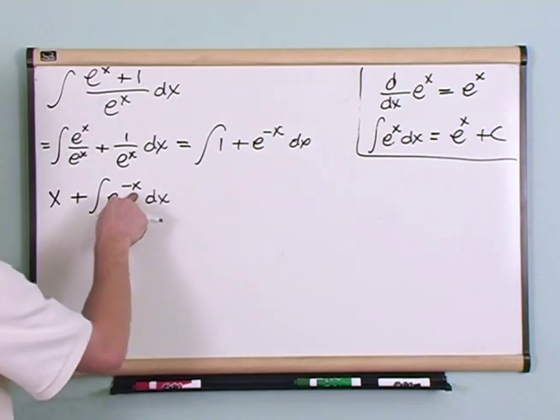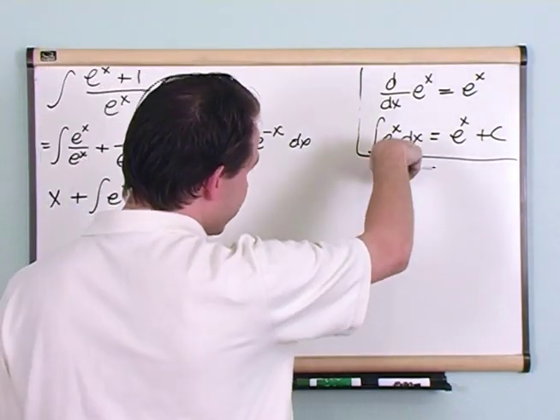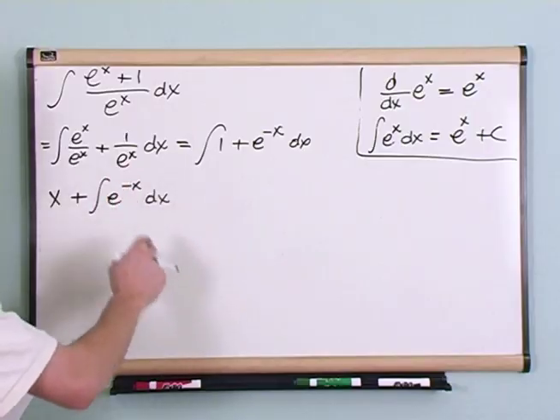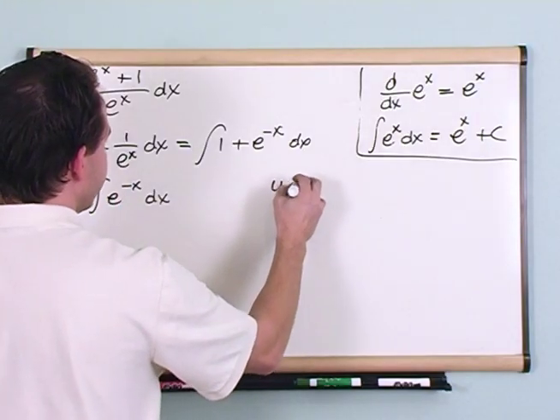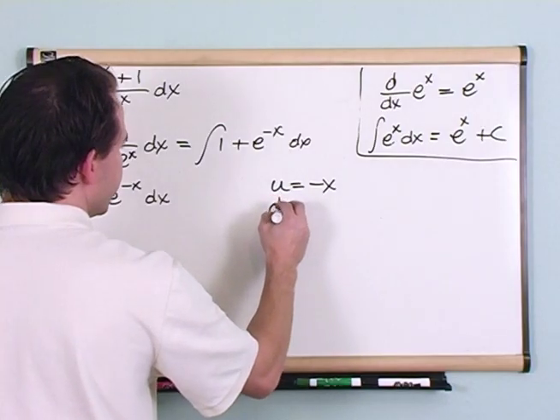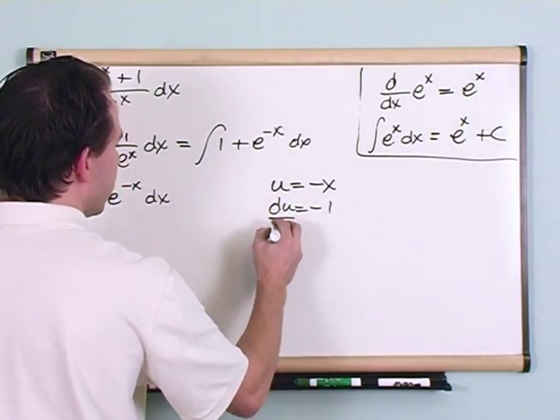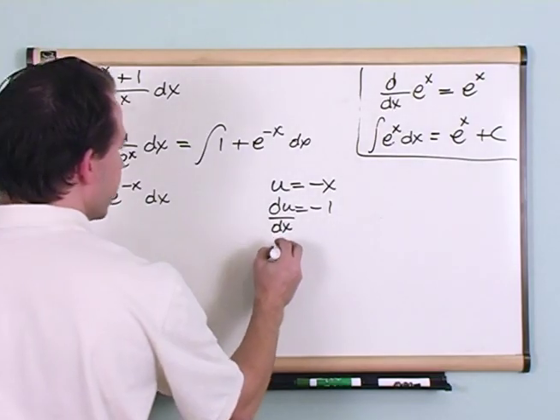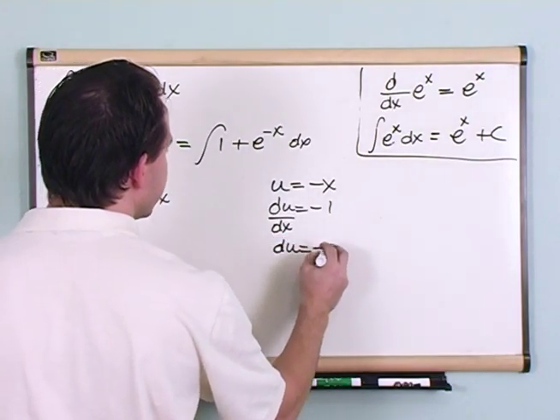This is the integral of e to the minus x. I know what the integral of e to the positive x is, but I haven't told you what the integral of e to the negative x is. So let's use our trusty substitution. I'm going to say u is equal to negative x. du dx is equal to negative 1, the derivative. So then du is equal to negative dx.